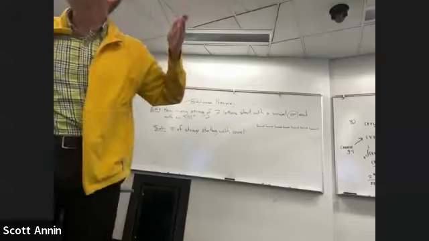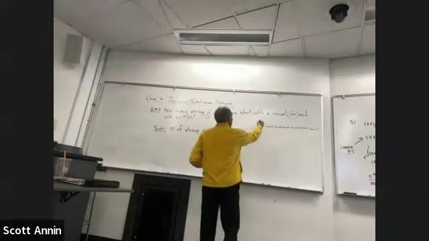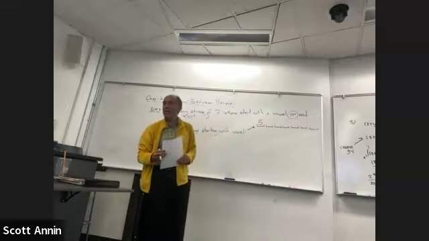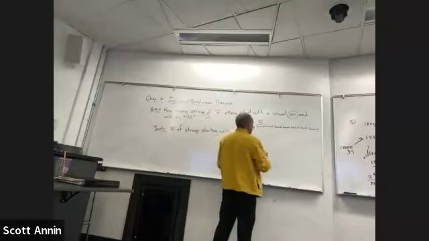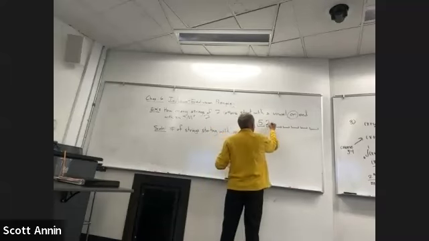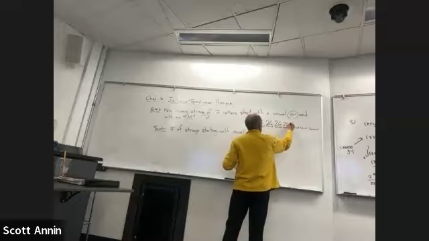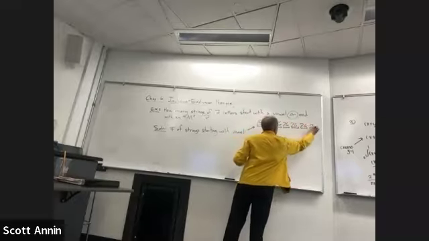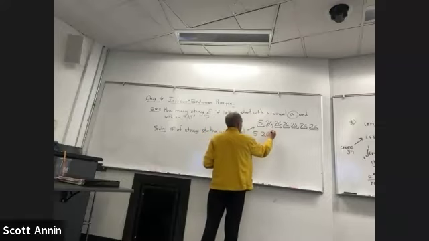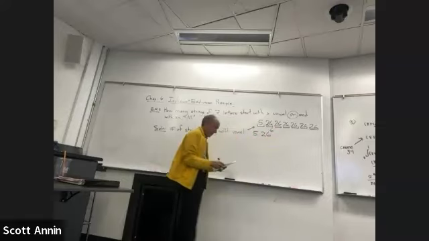How many vowels are there? 5 of them, right? So I have 5 choices. And then the rest of the slots can be anything. There's no constraints right now. So 26 choices for our regular alphabet for all of those slots. And so the answer is 5 times 26 raised to the 6th.